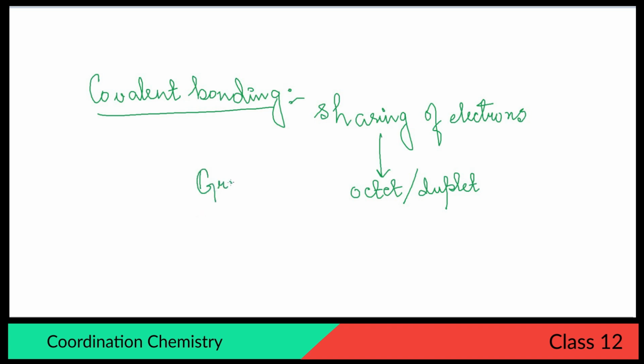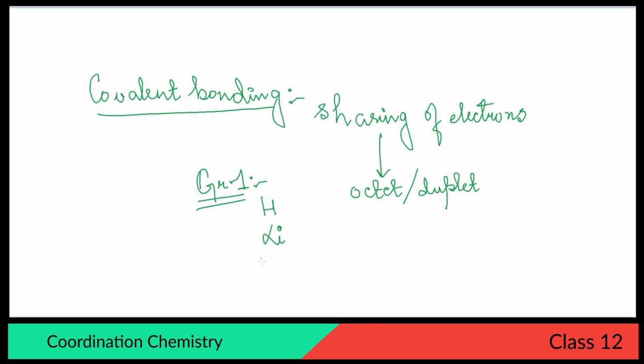Now, why do I say so? See, not exactly the entire group 1. If you follow the group 1 elements, hydrogen and lithium would be the ones which would show duplet rule rather than any other element. How is it so?